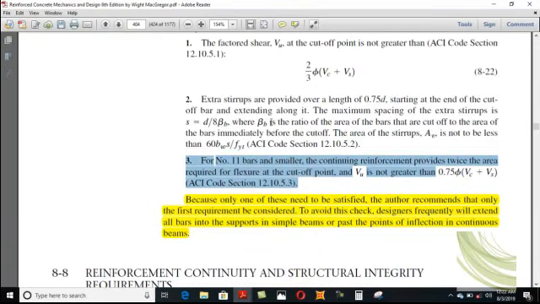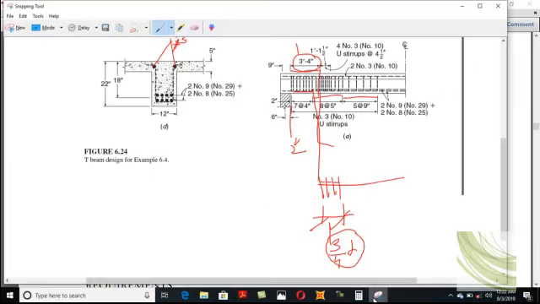Well, beta b is the ratio of the area of the bars that are cut off to the area of the bars immediately before the cutoff. The bars which are cut off and the bars which are immediately before the cutoff. Okay, means 3.57 is continued, and I think 6.56.